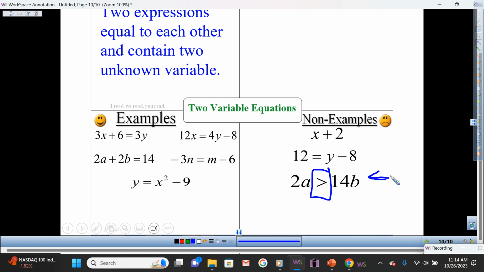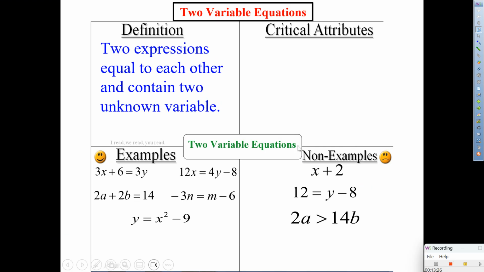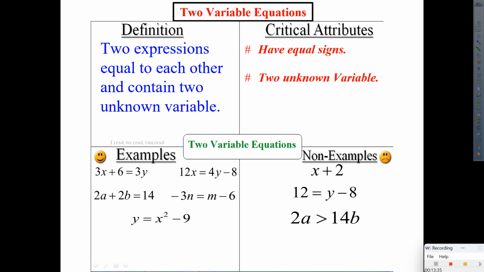Courtney, Jean, what would we call that? Yeah, two variable inequality. That is correct. We're headed that way. We're not there yet, but we're getting there. Write these down. They need to have an equal sign, and also they need to have two unknown variables.